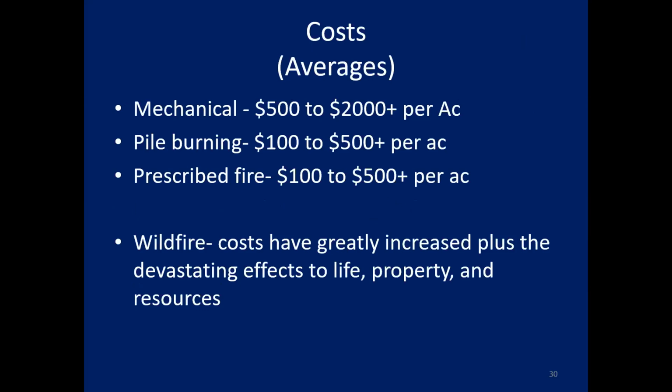And prescribed fire, right in that same ballpark. But compared to the cost of wildfire, oh, you're saving a lot of money if you can do one of those treatments on your landscape. But prescribed fire and pile burning are very effective and pretty cost effective. And if you have the capabilities yourself, you'll save some money there.